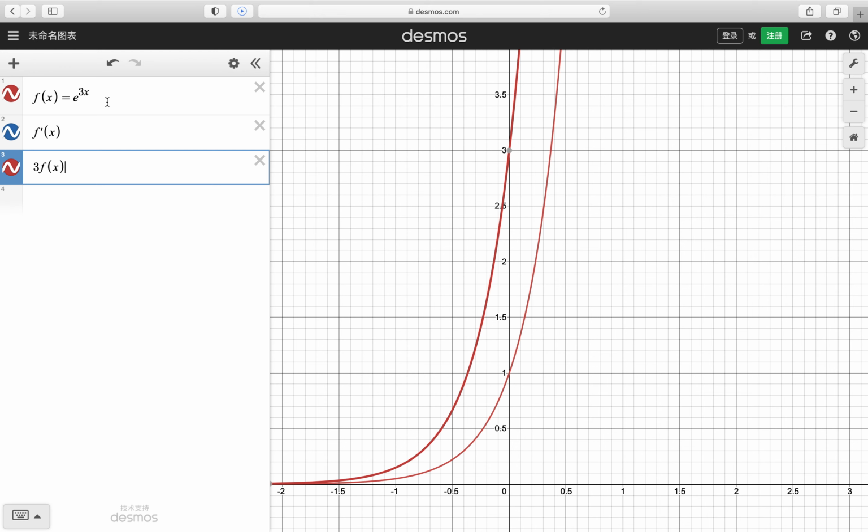So for a composite function f of g of x, you might realize that you also need to differentiate g of x, giving g prime of x, and this is true according to the chain rule.